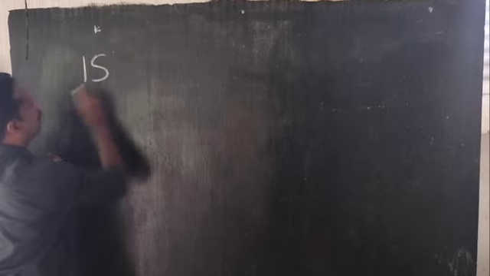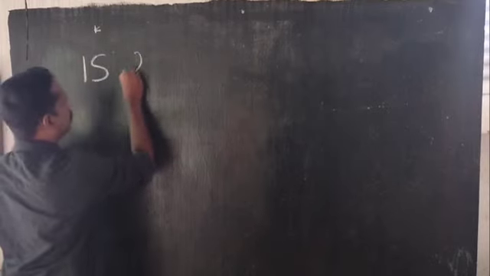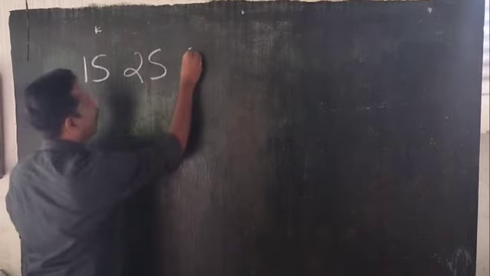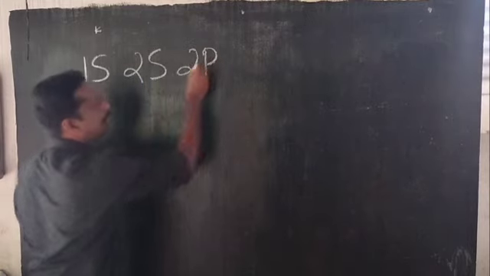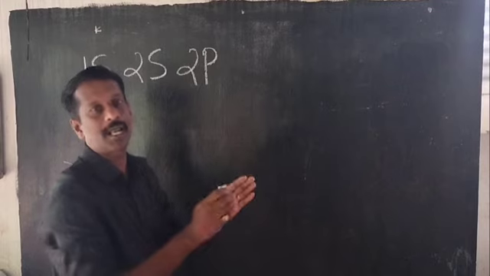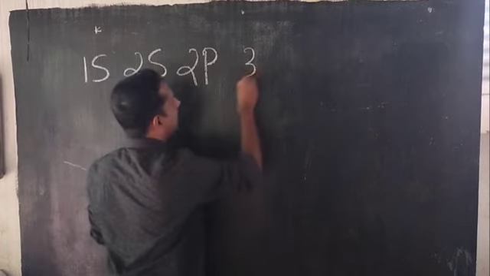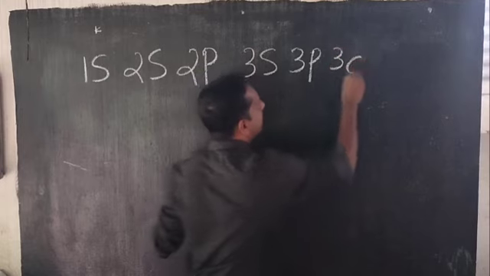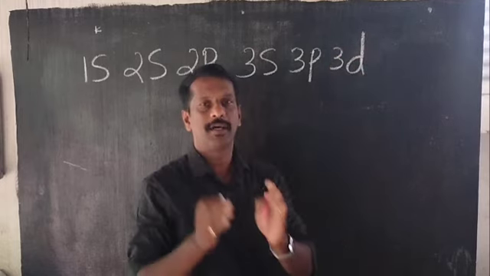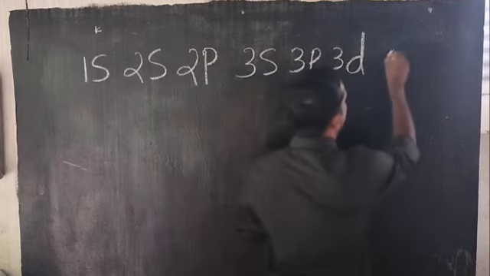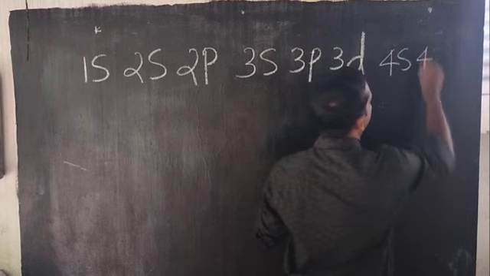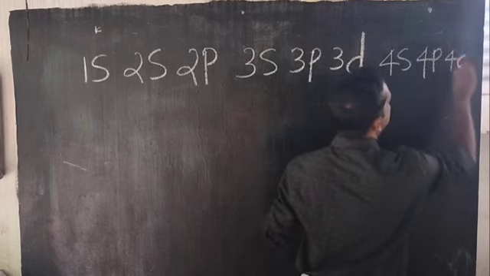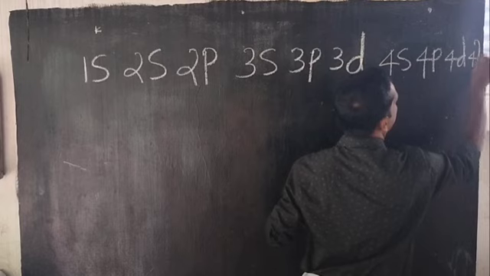The subshells are, for the first shell, K shell, the subshell is 1s, and for the second shell, the subshells are 2s and 2p, and for the third shell, the subshells are 3s, 3p and 3d, and for the fourth shell, the subshells are 4s, 4p, 4d and 4f.